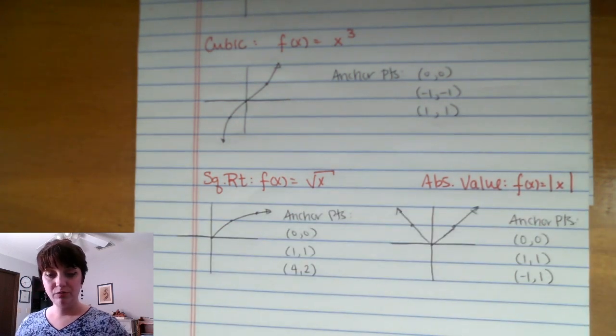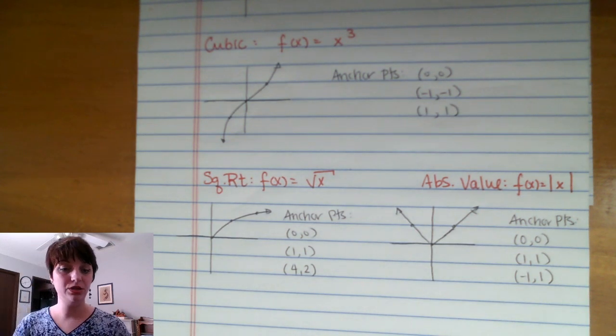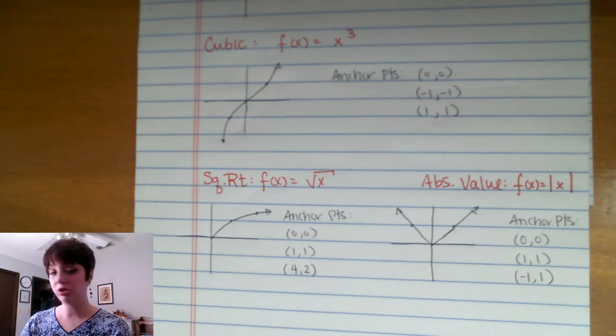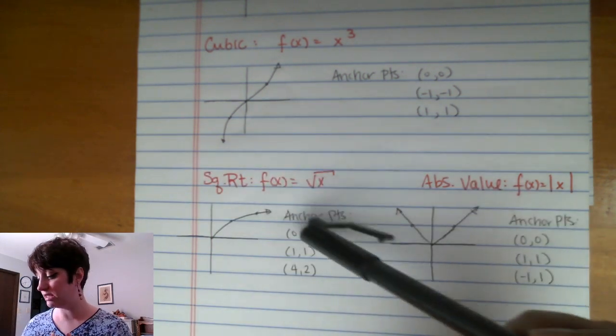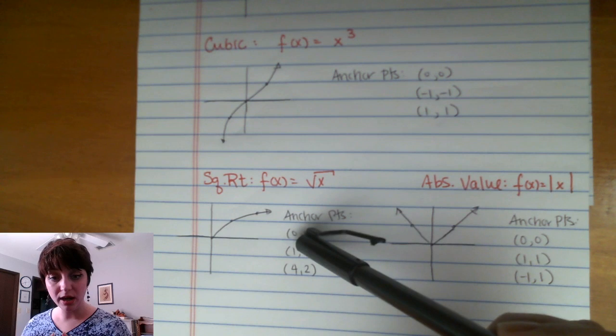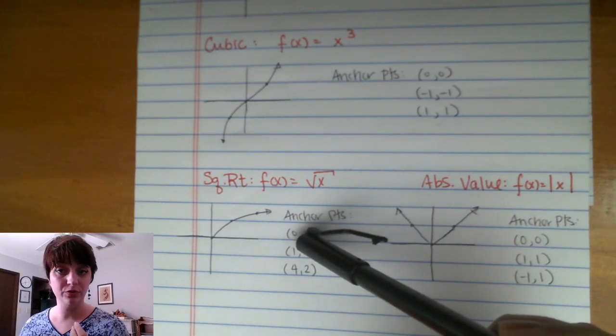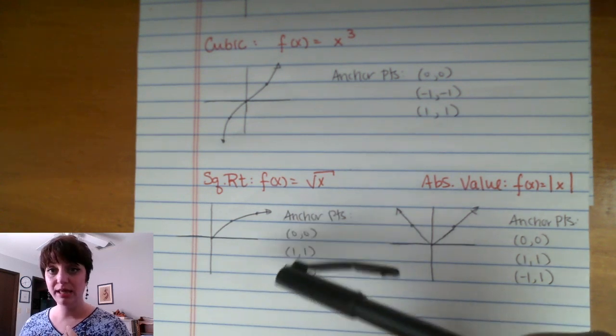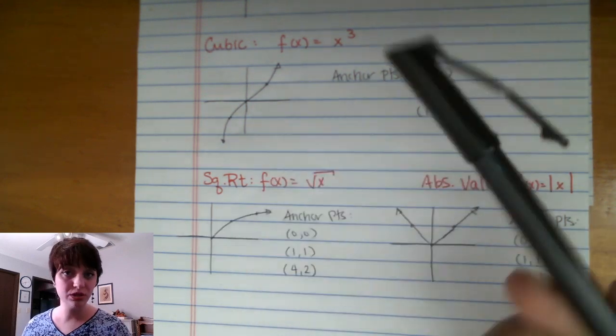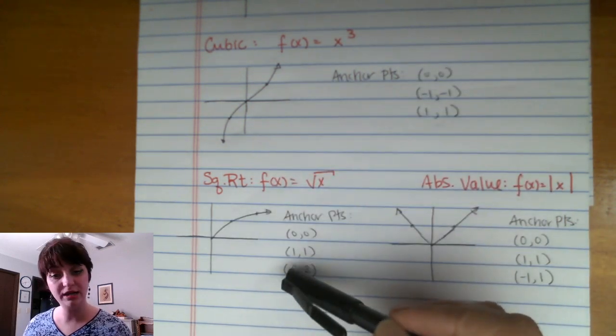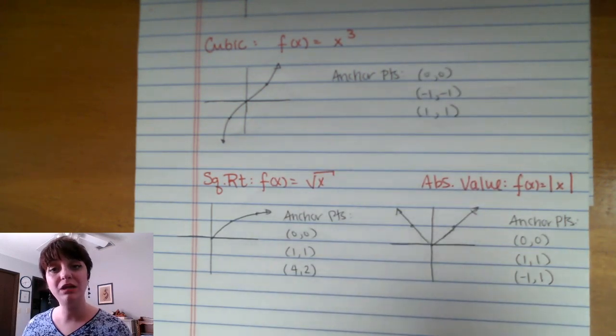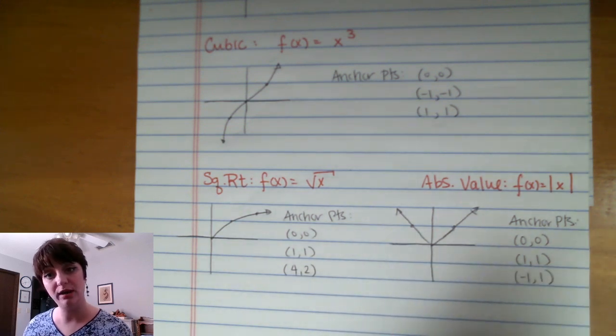The square root is the one that's a little bit odd. If you think about the square root, I can't take the square root of a negative and get a real number out, right? It has to be the square root of a positive or non-negative. So I can start at 0. I can do 1. That's easy because the square root of 1 is 1. And then instead of using 2 or something, I'm going to use an x value of 4, only because it's the next perfect square.